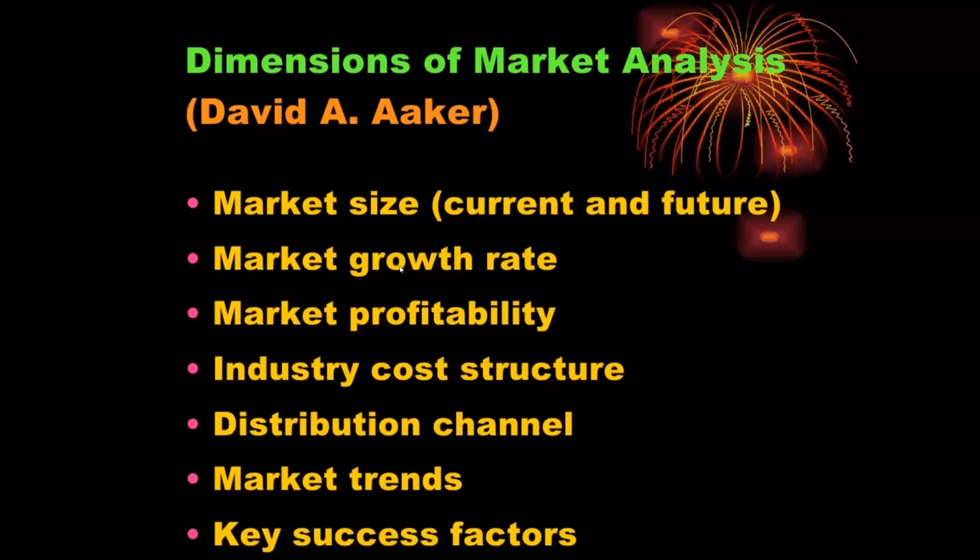So market size alone is not enough. You have to look at the growth rate of the product. You also look at the profitability, the profit margins, right? When we look at Android and iPhone as an example, even though Android has over 60 to 70% market share, Apple dominates in profitability because one unit that they sell is a whole lot of money, right?